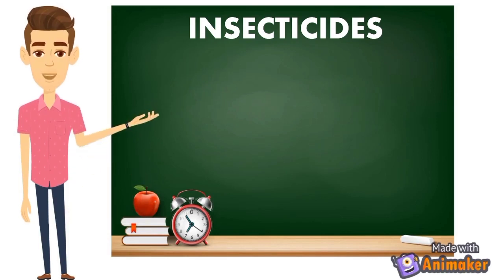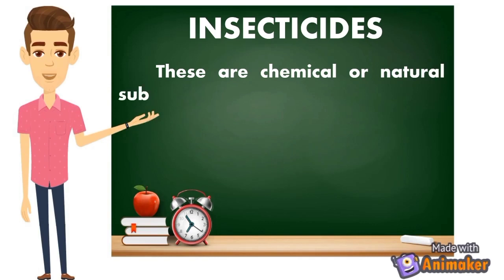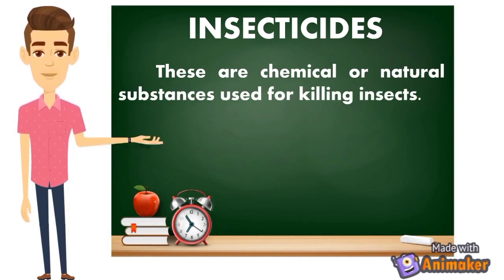insecticides. These are chemical or natural substances used for killing insects. So of course, sa farm or sa garden natin, meron tayong mga nakakalaban na minsan umaatake kapag gabi or minsan naman kahit sa araw nakikita natin.